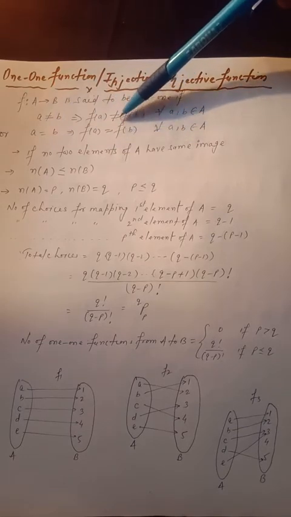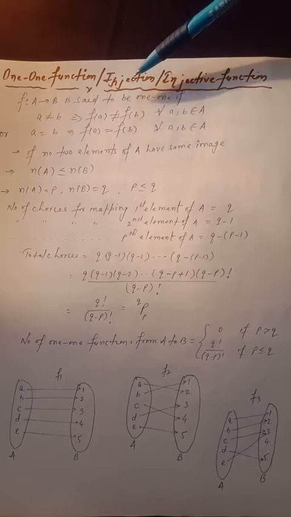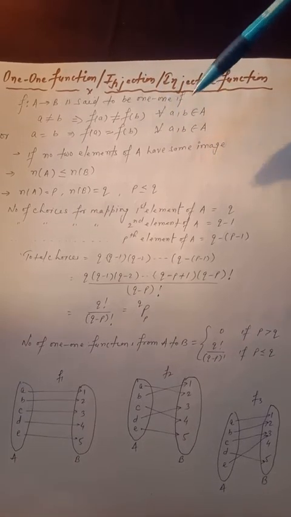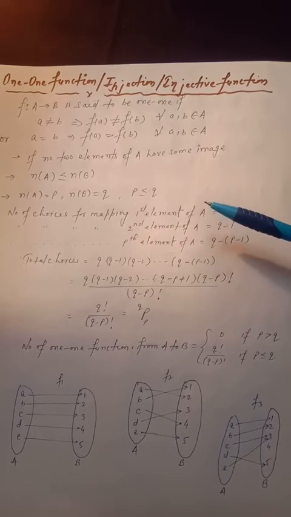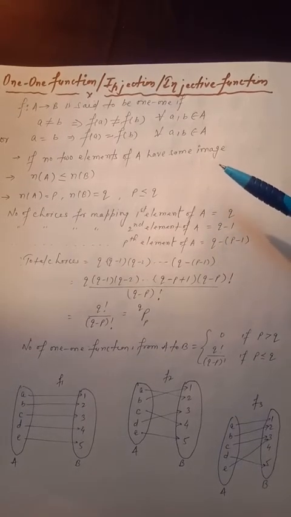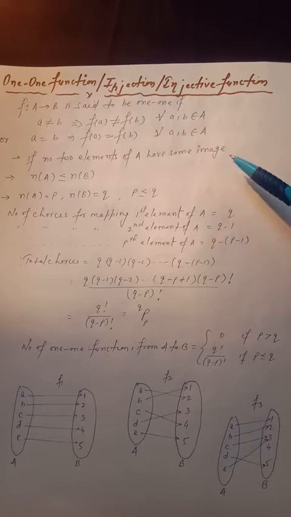So if this condition is true, then the function is one-one function or injective or injection. Now let's derive a formula for the number of one-one functions from set A. Few things you must remember as a concept, that if no two elements of set A have same image, then the function is one-one.